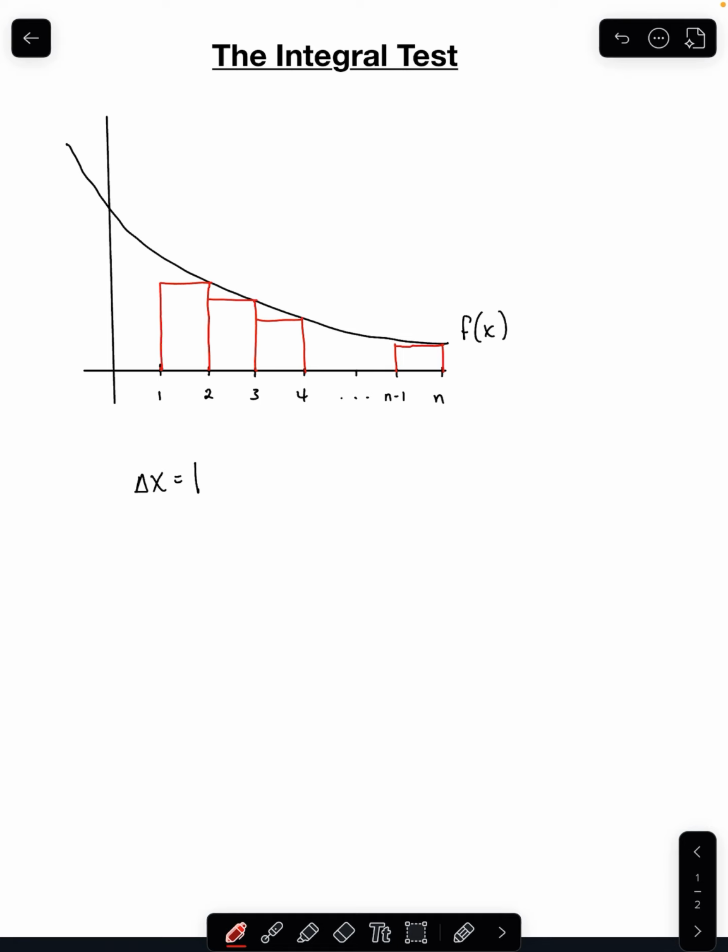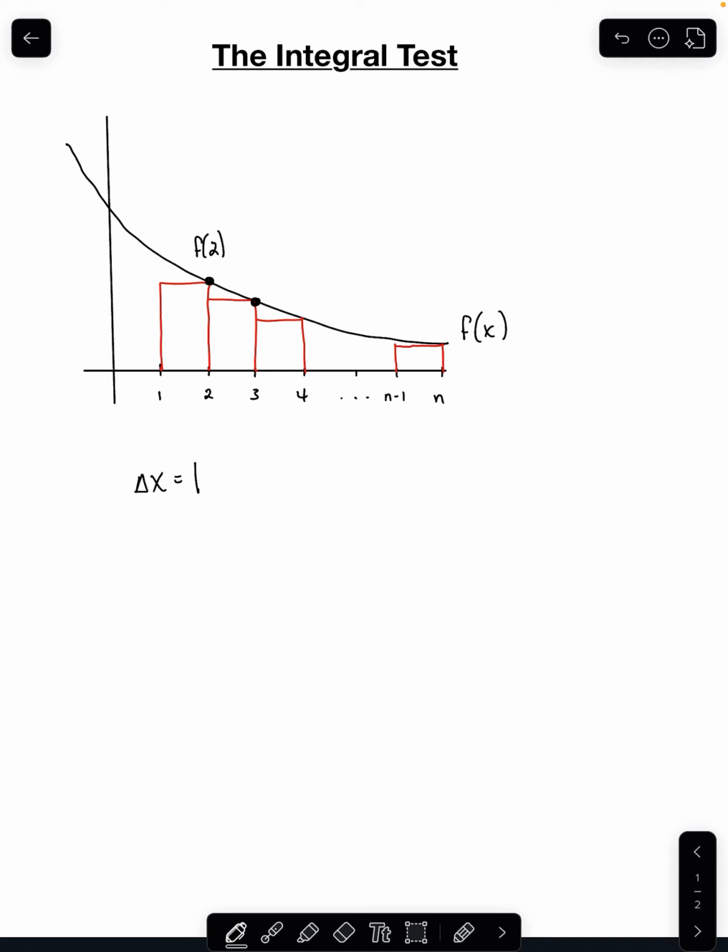The idea then is that the height, or the area, of each rectangle is going to be equal to a term of the series. This first rectangle has a width of 1 from its delta x and has a height equal to f of 2.